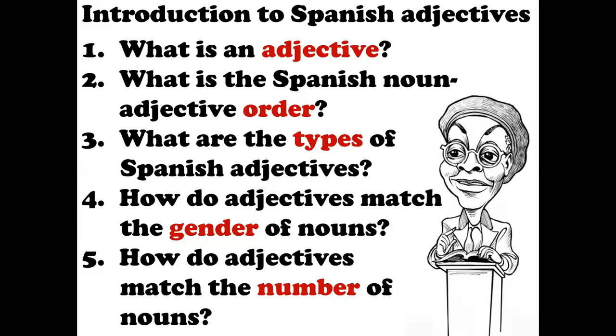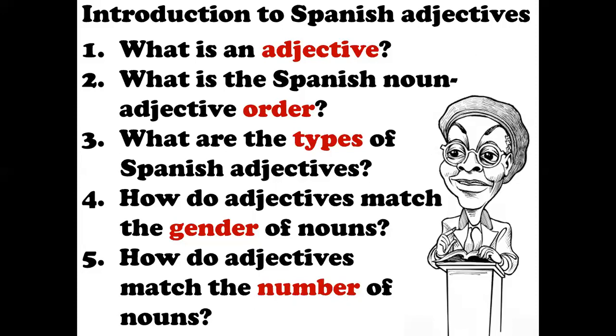So anyway, this was the introduction to Spanish adjectives. What is an adjective? We answered that question. It describes a noun. It's defined by its relationship to a noun. What is the Spanish noun adjective order? Adjective comes after the noun. Alumnos buenos, alumnas buenas. What are the types of Spanish adjectives? There are three basic ones. And the reason why you have those types is so that you can know the rules that apply to them. Number one ends in O or A. Number two ends in E or ista.